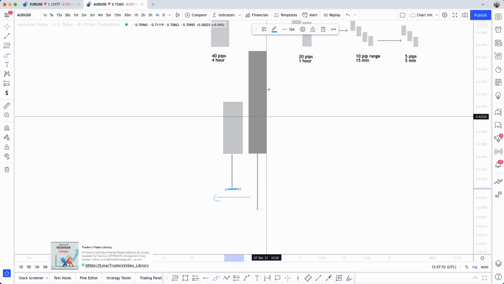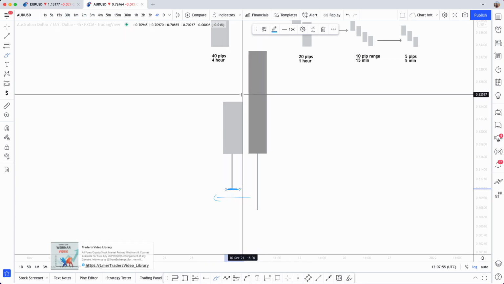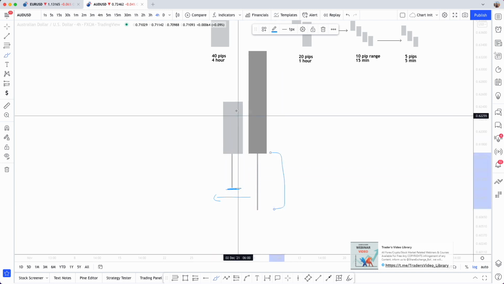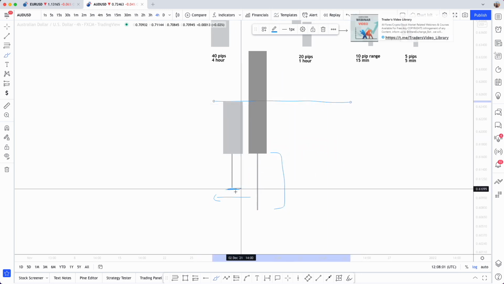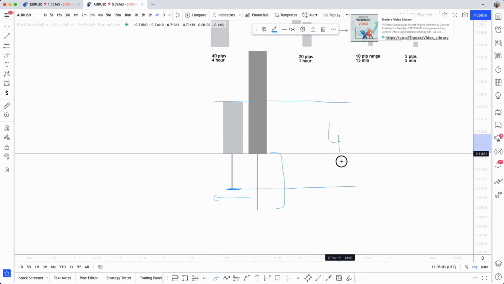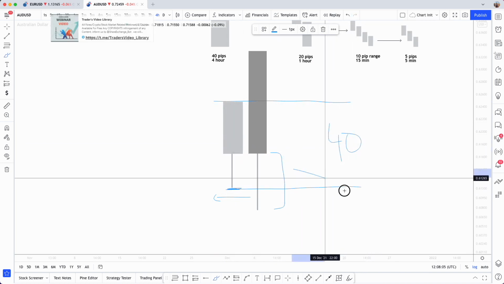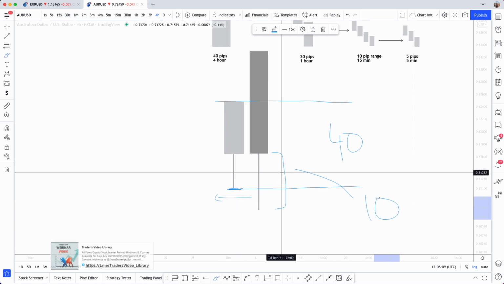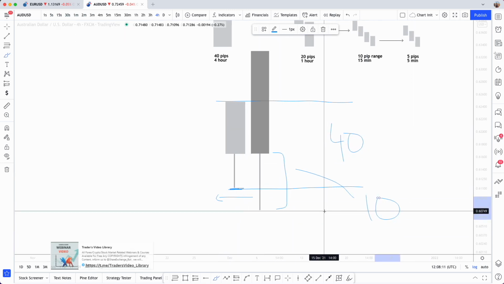Even if it's on a bullish candle next to the OB, this wick is still a refinement. So for example, say that OB was 40 pips and this wick is only 10 pips. That's a refinement on its own. So just bear that in mind.